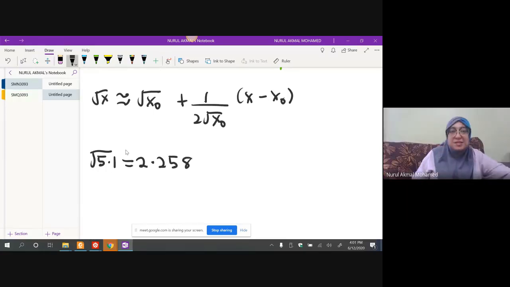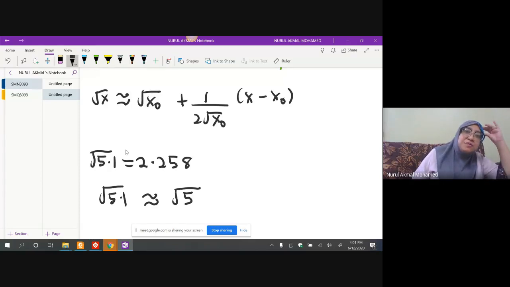Okay, so this is the almost exact value for the square root of 5.1. Now we want to approximate by using x naught equal to 5. So the square root of 5.1 is approximately equal to the square root of 5.